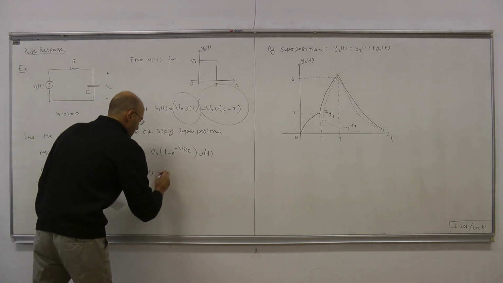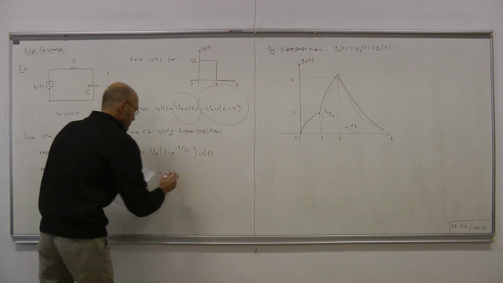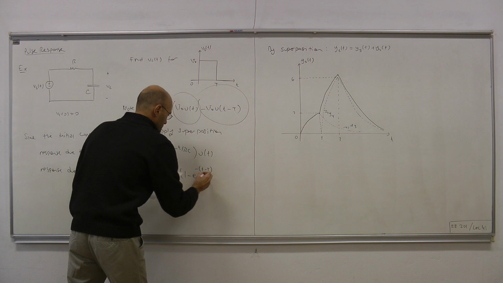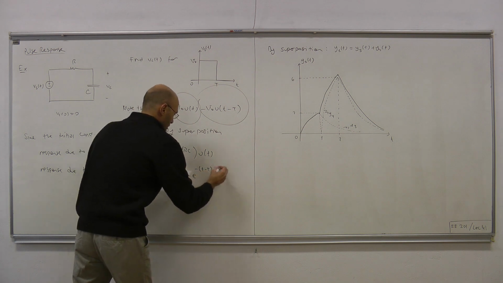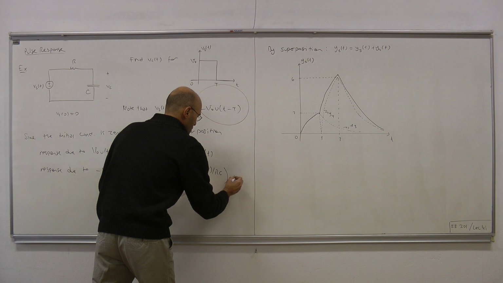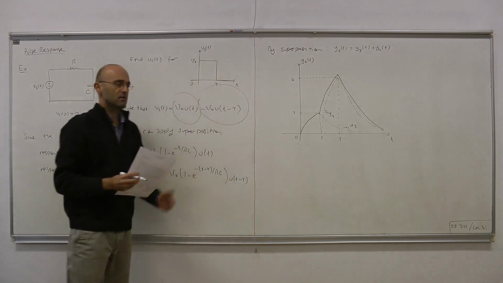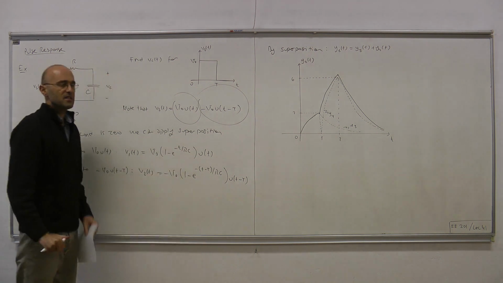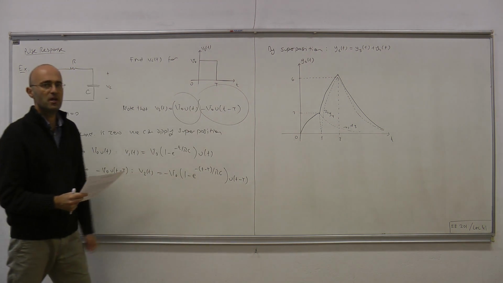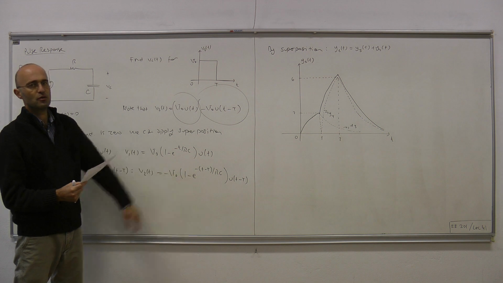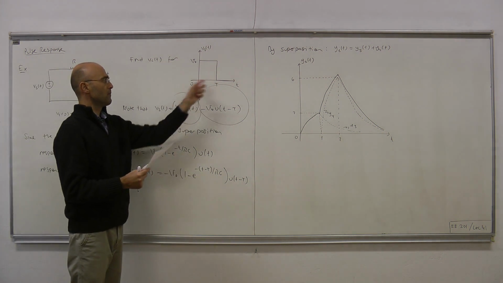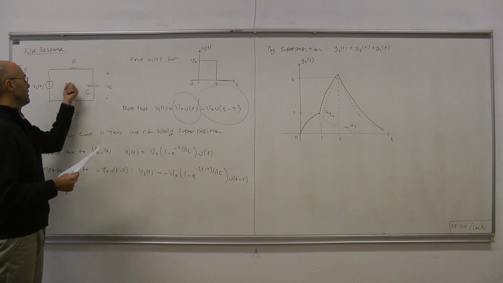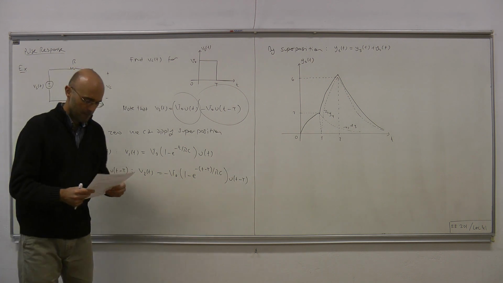And that's minus V0 times (1 minus e^(-(t minus capital T)/RC)). So basically, you take V1, slide it capital T units to the right, and then flip it over the horizontal axis. And that we can do thanks to the fact that this circuit is LTI.